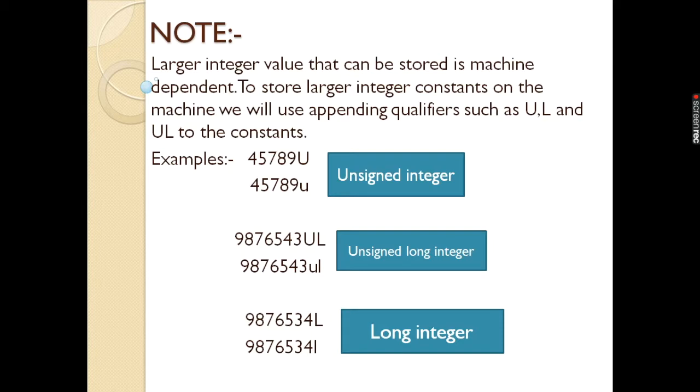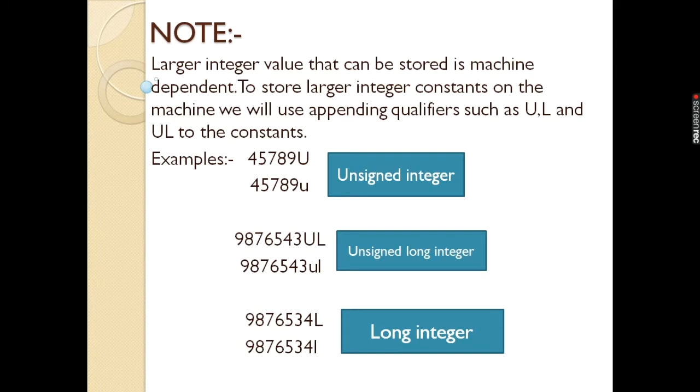Note: the largest integer value that can be stored is machine dependent. To store larger integer constants on the machine, we use appended qualifiers such as u, l and ul on the constants.